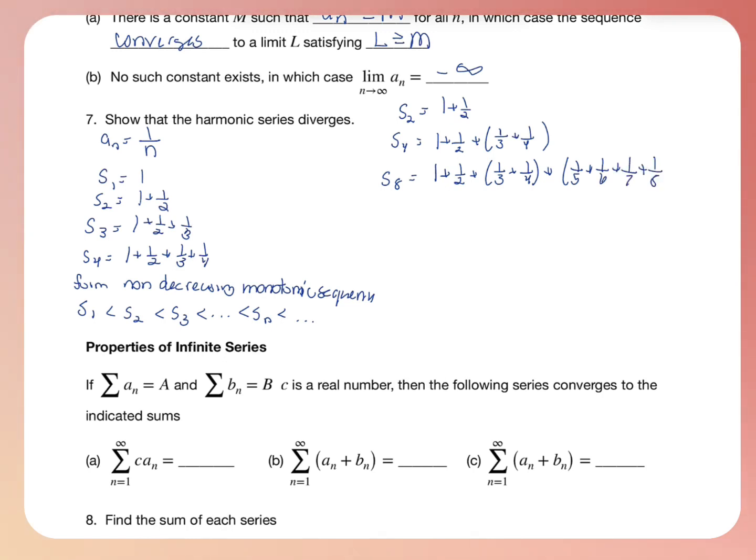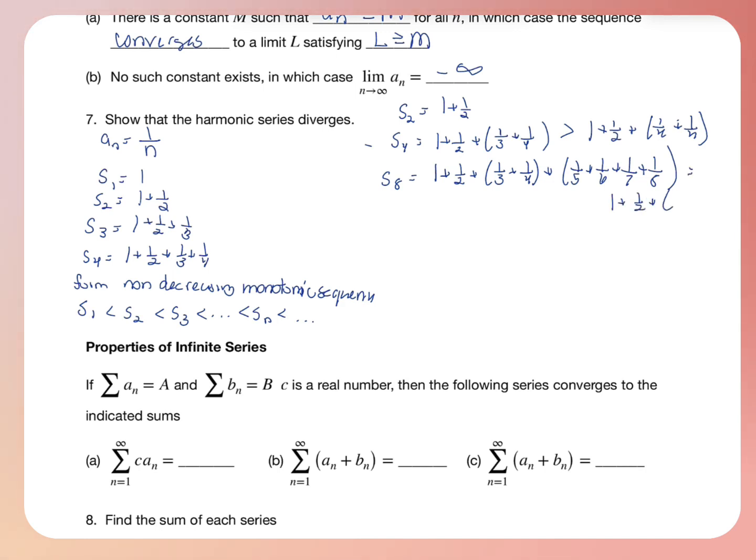Now notice, I could compare 1/3 plus 1/4, which I put in parentheses there, to 1/4 plus 1/4, just repeating. And 1/4 plus 1/4 is 1/2. And I know that 1/4 plus 1/4 is going to be less than 1/3 plus 1/4. So I'm going to replace that 1/3 in the parentheses with 1/4, and that is a true statement: the left-hand side of that s of 4 is greater than the right.